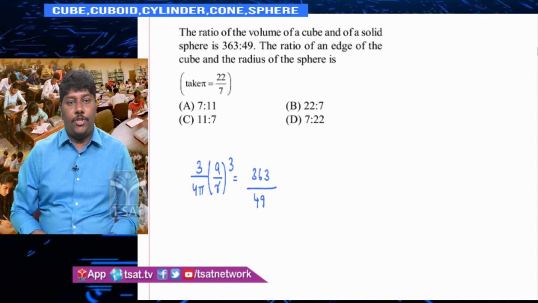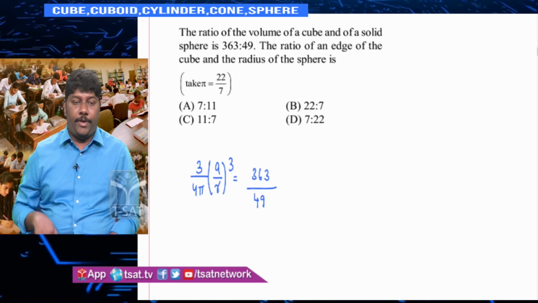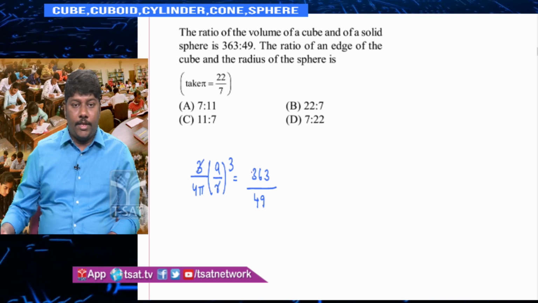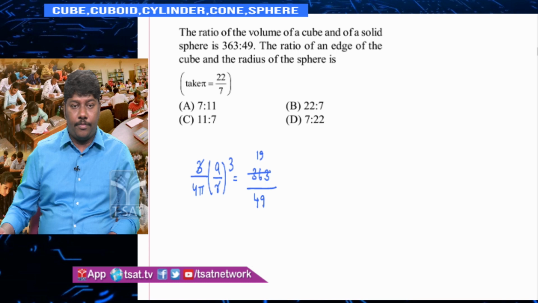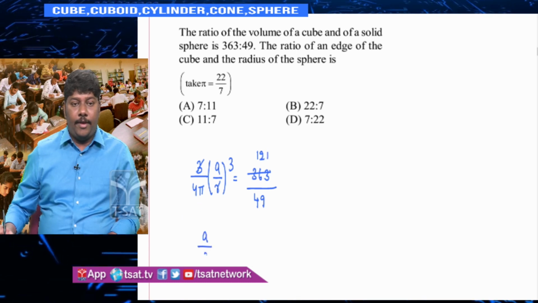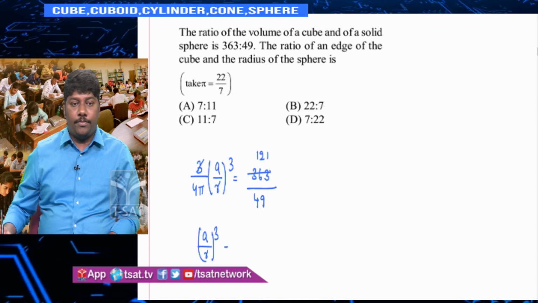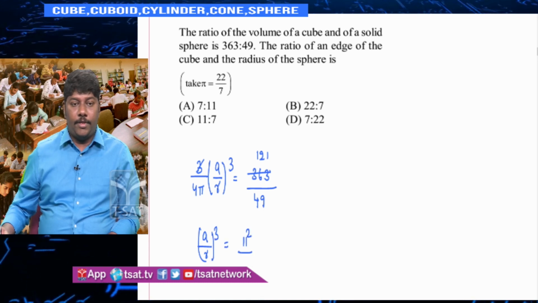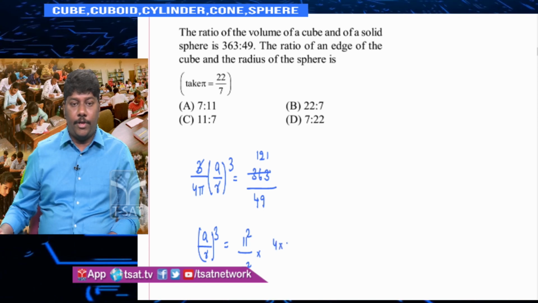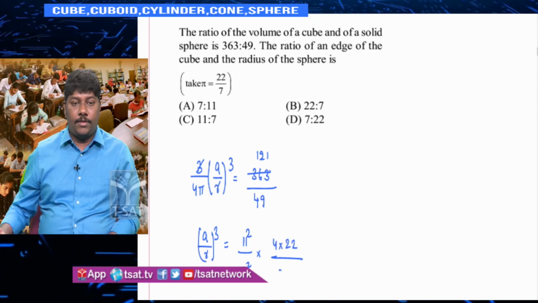The ratio of the edge of the cube to the radius of the sphere. Now see here. 3 ones are, 3 120 ones are. This becomes 22 by 7 if it goes up. A by R whole cube is equal to, this is 11 square, this is 7 square into 4 pi, 4 into 22 by 7.